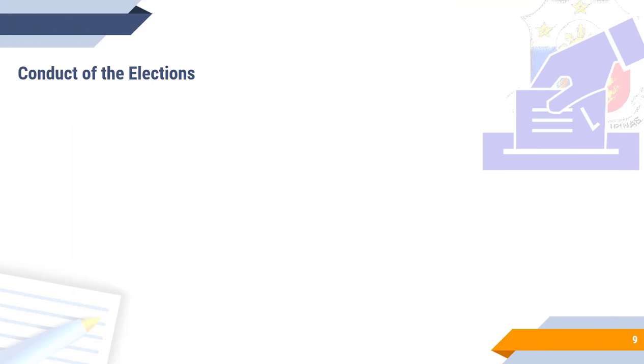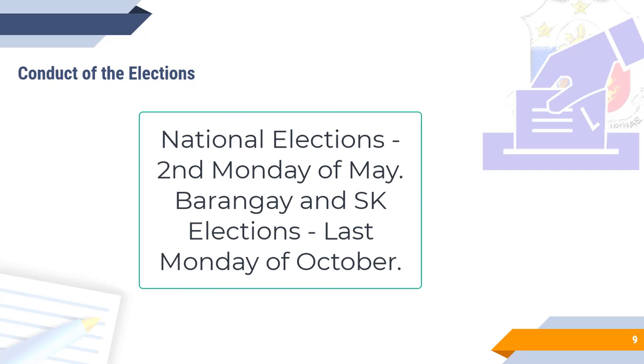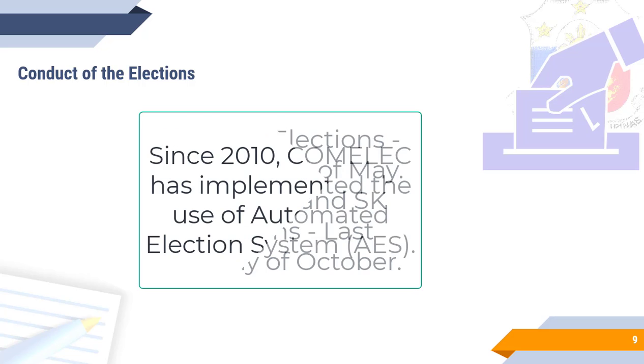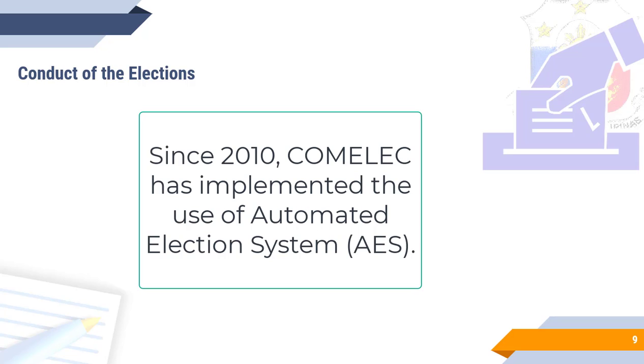Conduct of the elections. So, what happens on election day? In the Philippines, the Constitution has set the second Monday of May as the election day, while barangay and sangguniang kabataan elections take place on the last Monday of October. Since 2010, the COMELEC has implemented the use of the automated election system for the elections.